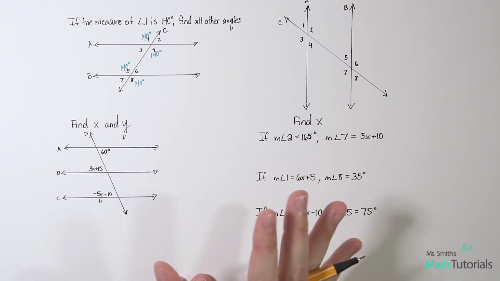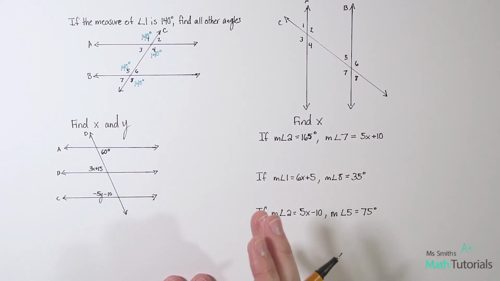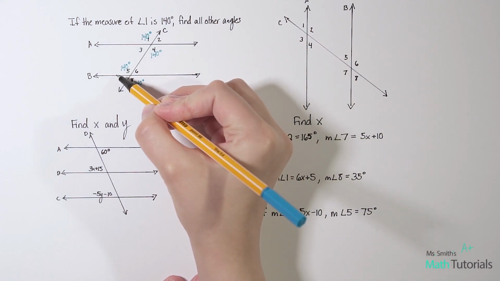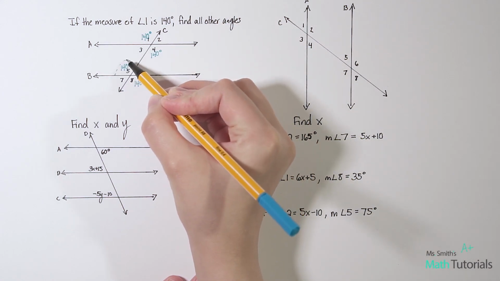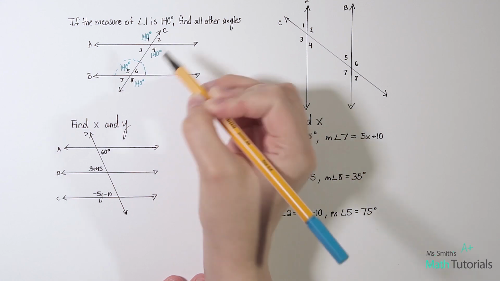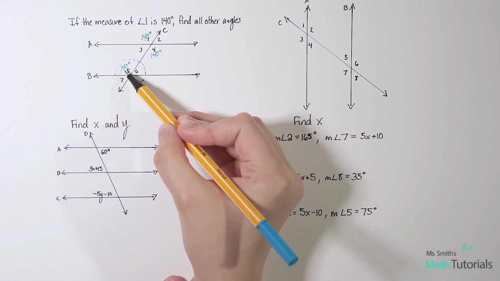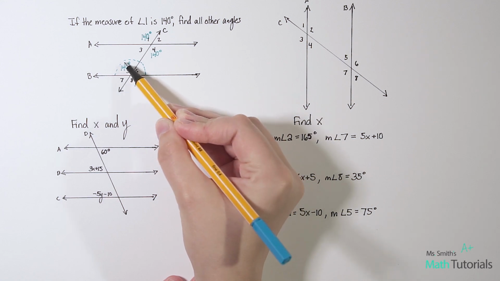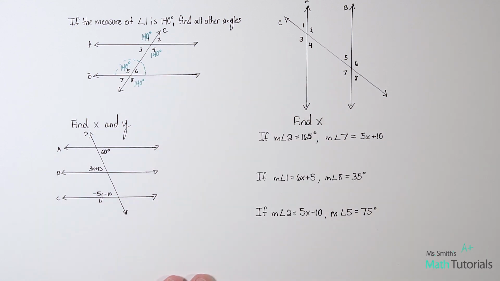Well, there's lots of different ways I could approach this, but I'm going to go with, I see right here, I've got this nice straight line, right? So that tells me when I have a straight line and then some angles split between it, I know that those angles have to add up to 180 degrees. They are supplementary.